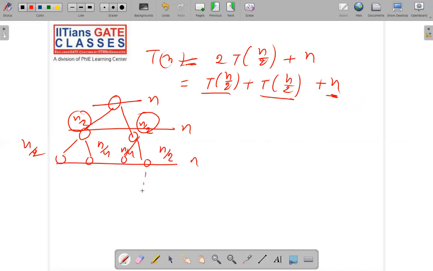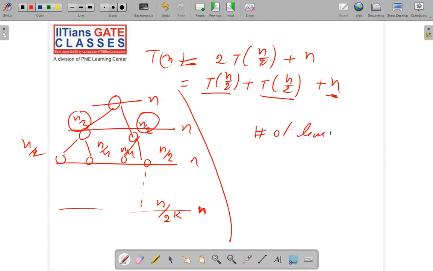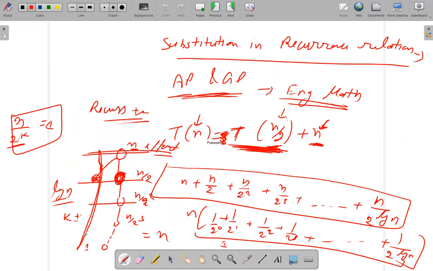So you will iterate this n upon 2 raised to power k number of times till it reaches the base condition. The effort at each level, even at the leaf level, the last level, is n. Similar to the previous problem, the number of levels is log n.